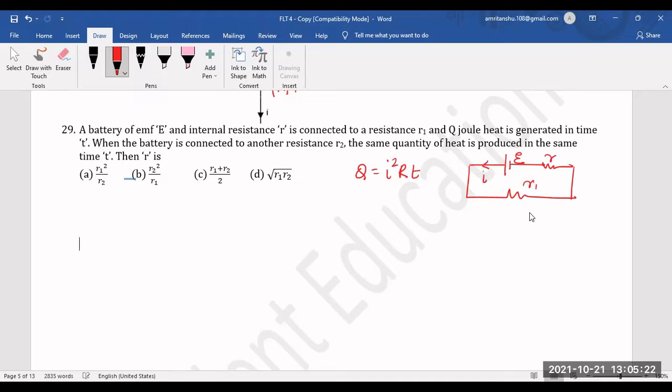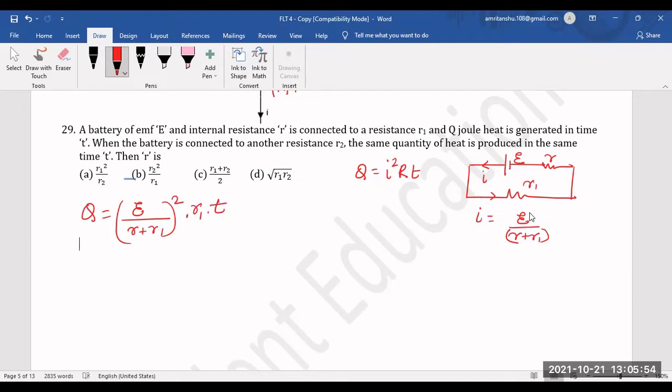So I here is going to be E upon R plus R1. So Q is going to be E upon R plus R1 whole square, I square, into R, where R is R1.